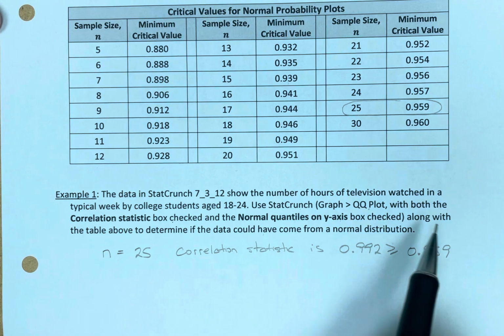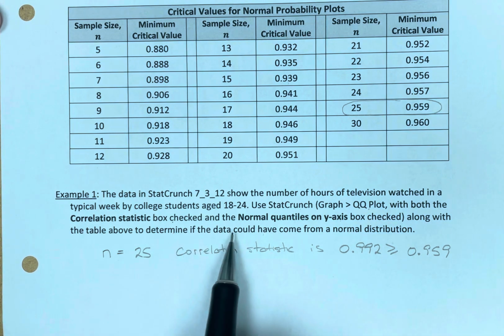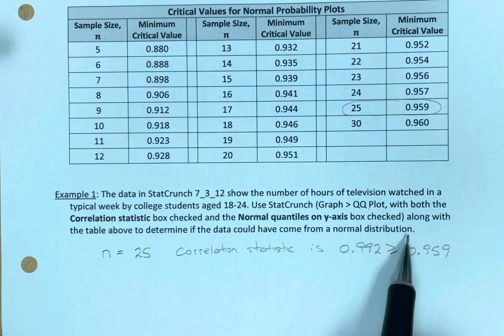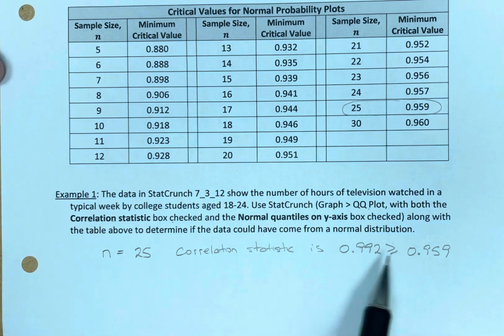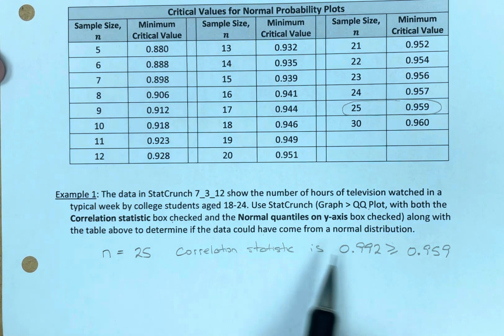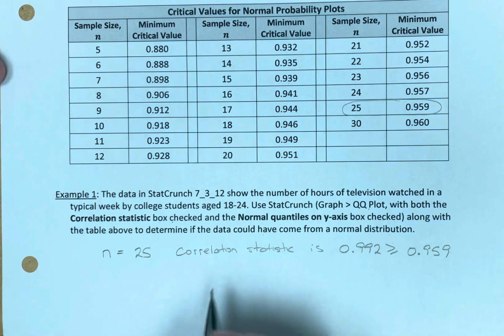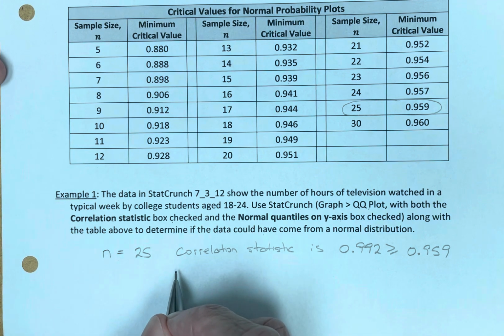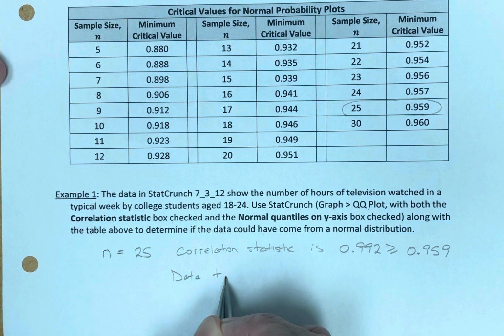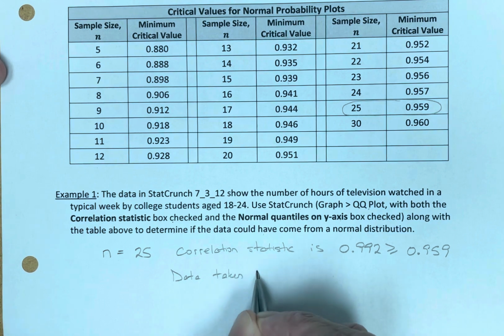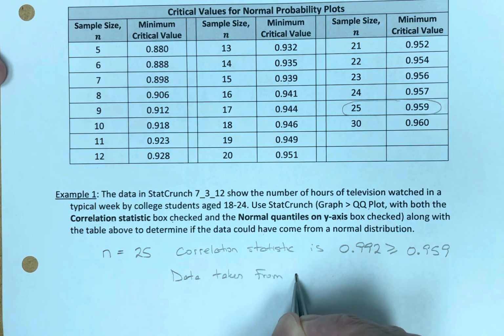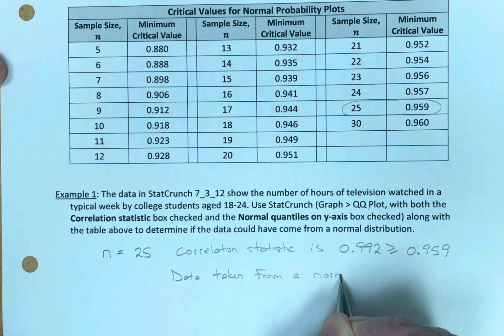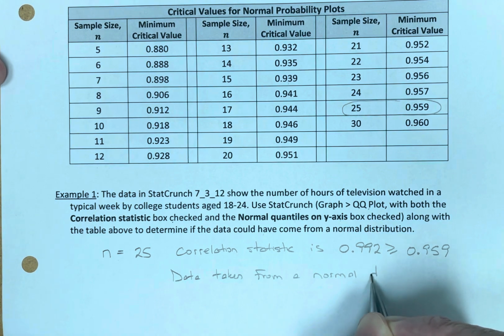So can we determine if this data could have come from a normal distribution? Yes, we can. Because it's greater, this data could have come from a normal distribution.